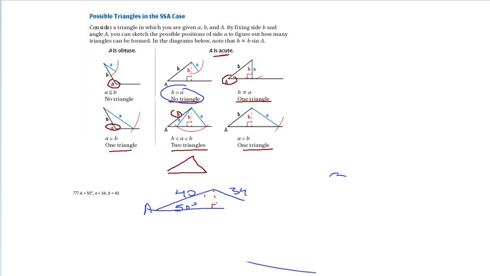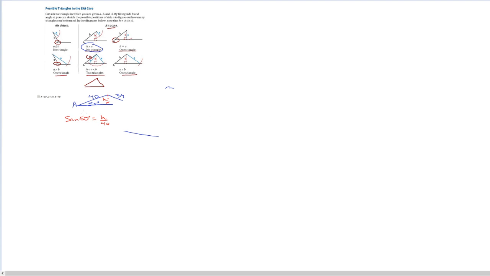What is this height? Again, let's do a ratio. Sine 50 degrees equals h over 40. Multiply both sides by 40. So 40 times sine of 50 degrees is equal to, let's zoom in a little bit. I'm not sure what happened to this.